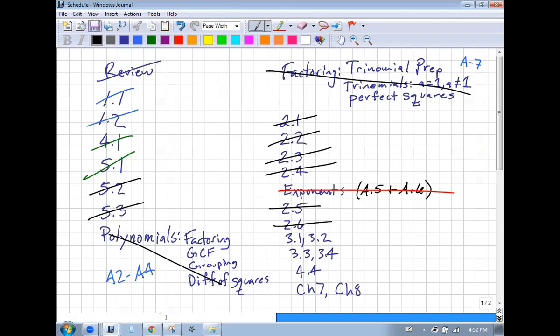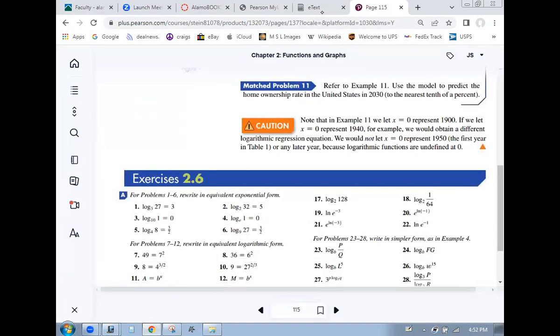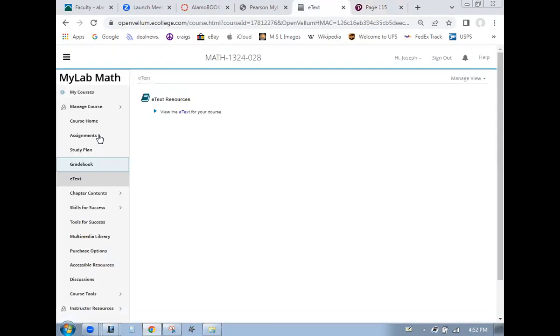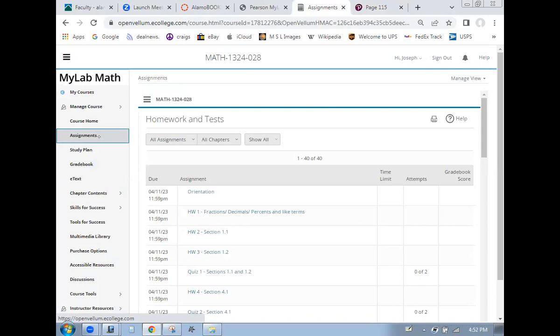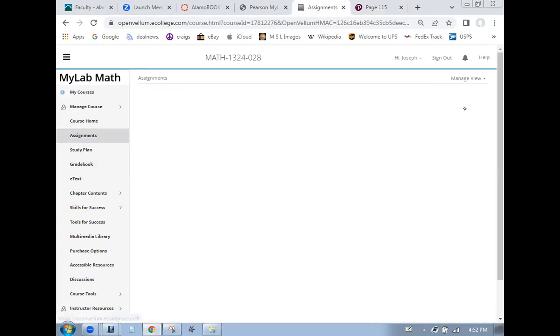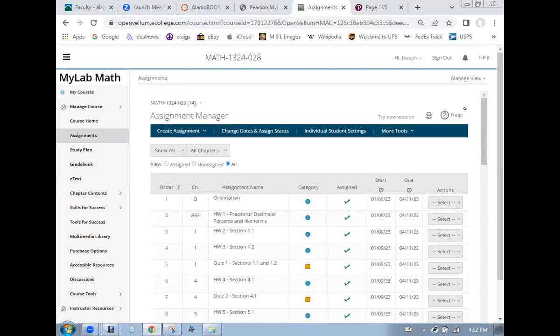All right, now that we're done with 2.6, we need to change the due date for 2.6 to a week from today. How are y'all doing on catching up on your homework? You only have to do about 2 sections of homework a day, right? Every day.